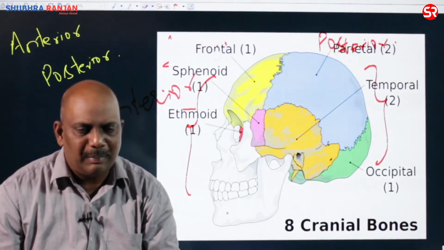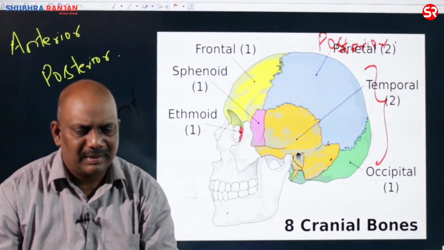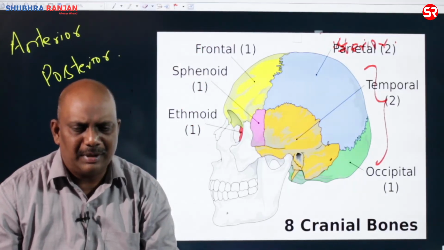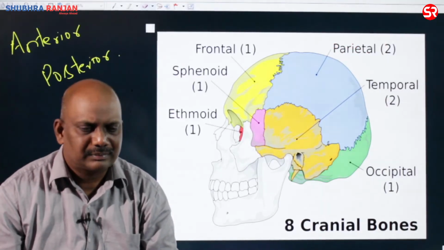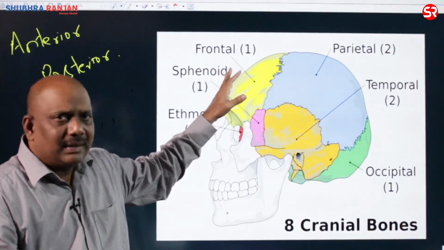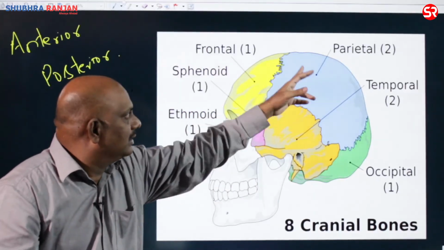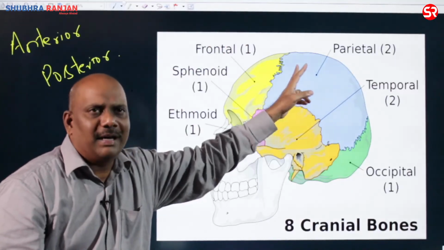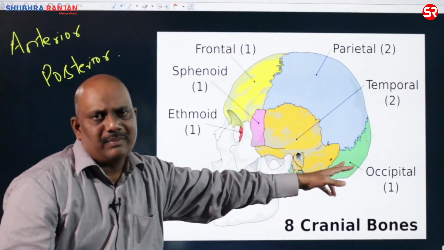And there are a few important things which we need to know about the cranium. Few important bones, not every single bone. This portion is called frontal. This is the blue one, parietal. The one behind is occipital.